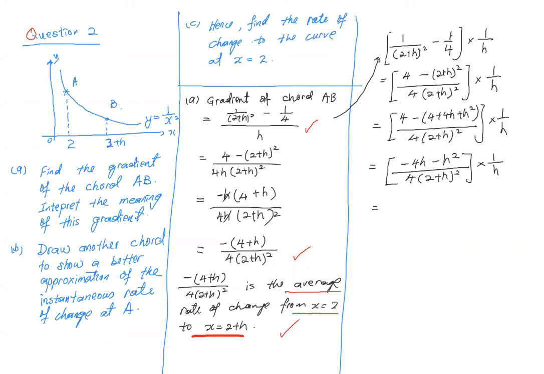So these are the skills I told you already. You have to go and memorize by heart what to do first, what to do next, and what to do last. So I factorize out the negative h, so I got here 4 plus h. If you don't want, you can factorize out the h, up to the individual. So you have 4, 2 plus h squared times 1 over h.